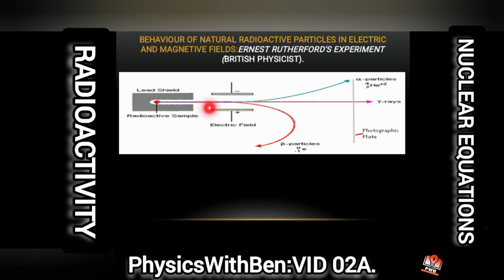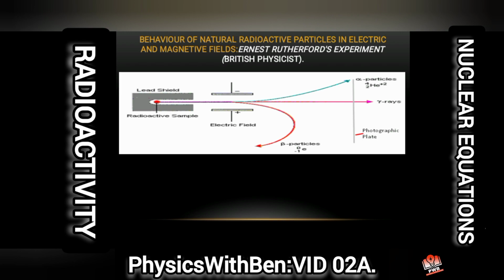While passing, it was observed that one of them went straight up without deviating and also penetrated the photographic plate. The other one was deviated to the negative terminal of the plate. The other one was deviated towards the positive terminal. And this was how they got their names and their polarities.